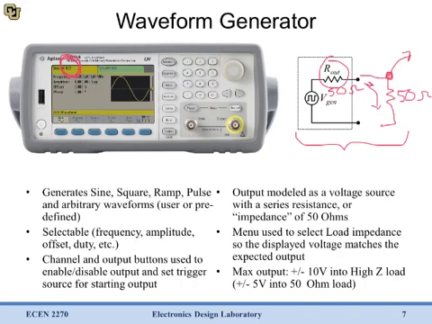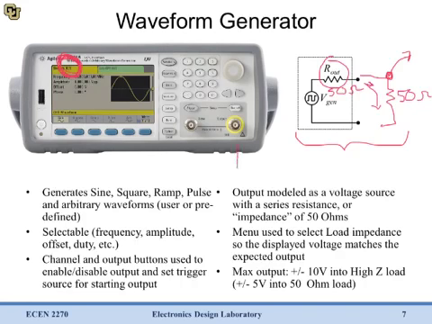If you're not using a 50 ohm load, for example, if you're connecting this directly to an oscilloscope, or maybe to some sort of IC which has a high impedance load, you'll set this up as high Z, or high impedance output, so that your amplitudes and offsets are the same. If you're in a situation where your output waveform is much larger or much smaller than expected, double check you have the correct output impedance.